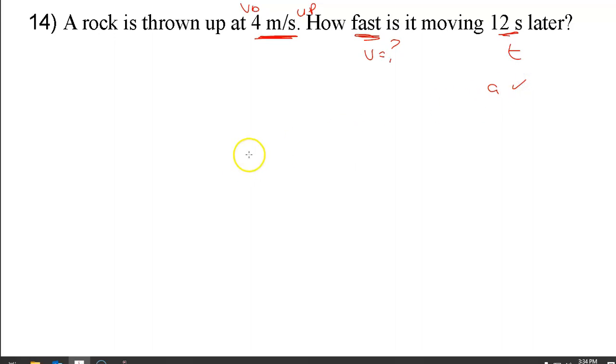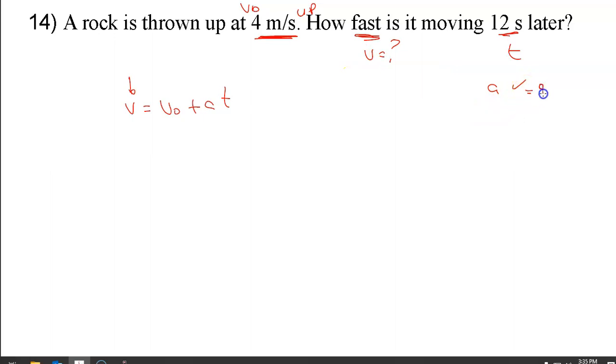A, check. All right. So V naught, V, A, and T, that's formula number 1 again. We're looking for this guy. So it's really a matter of getting your signs right, your coordinate system right, getting everything in the right place. This was up.